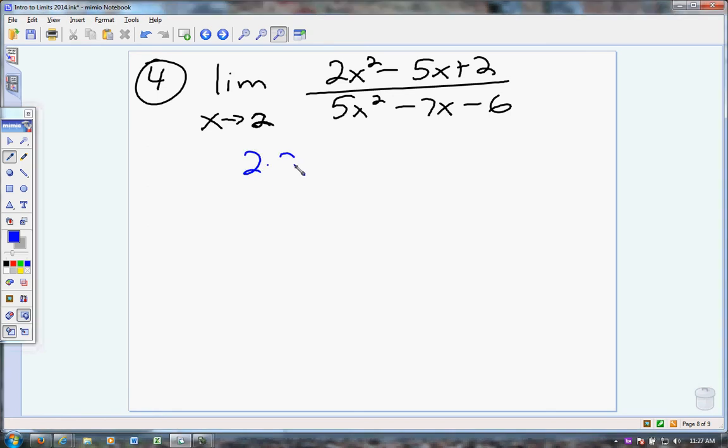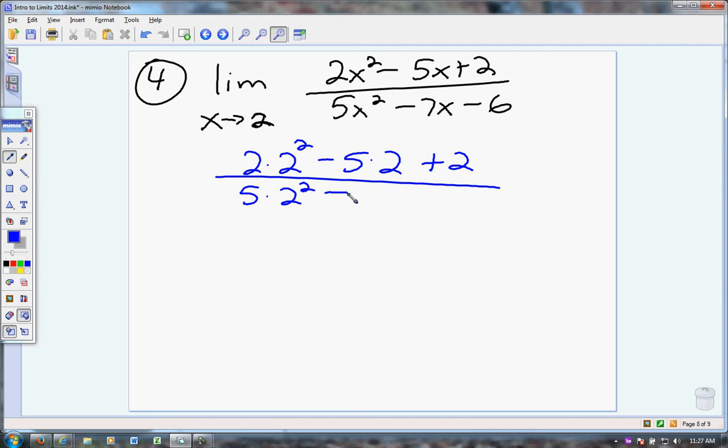2 times 2 squared minus 5 times 2 plus 2, that's the numerator, over 5 times 2 squared minus 7 times 2 minus 6. On top I'm going to have 2 times 4, which is 8. 8 minus 10, which is negative 2. Negative 2 plus 2 is 0, but what happens in the bottom?